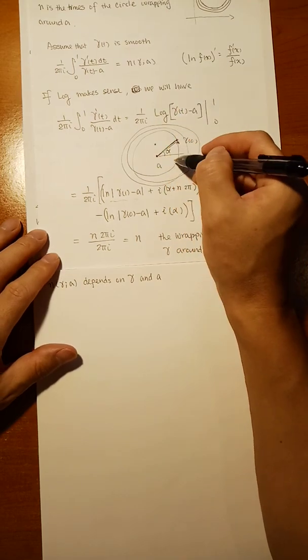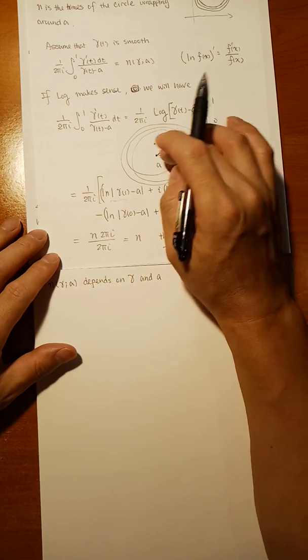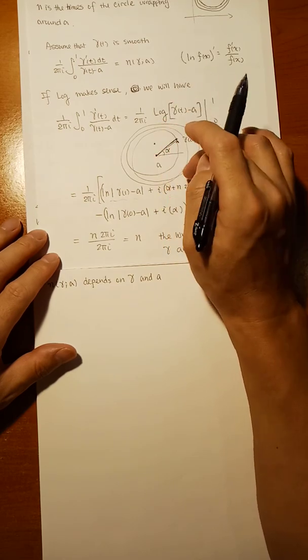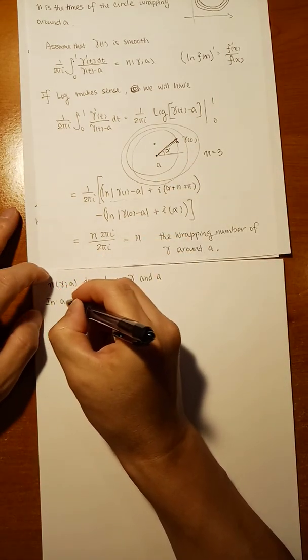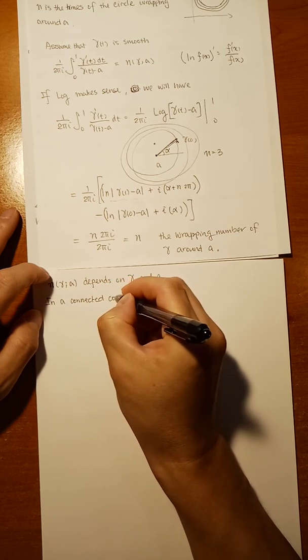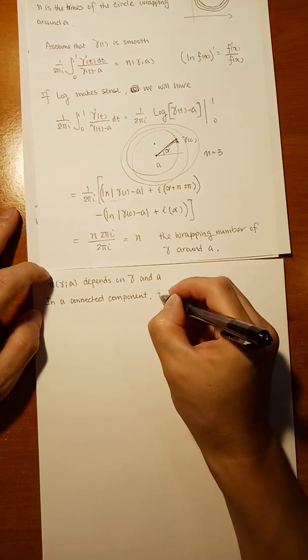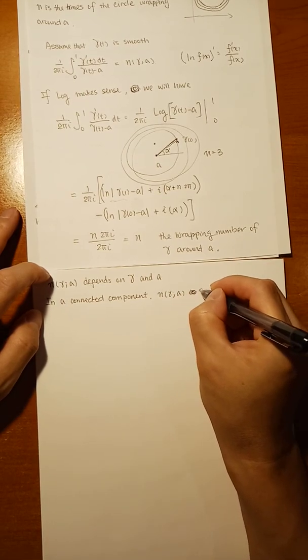So what is the difference between this region and the other region? They are not connected. So we will naturally have an observation: in a connected component, the winding number should be a constant.